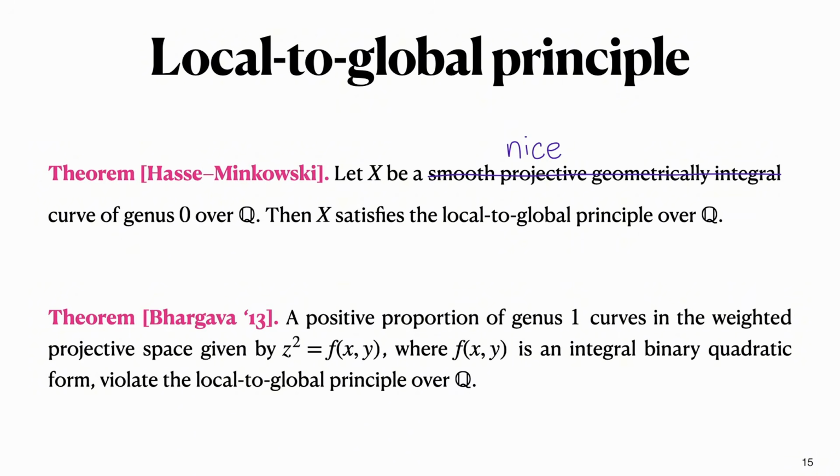It turns out that if you consider curves that look like z squared equals f of x, y, then a positive proportion of those curves that have genus 1 do not satisfy the local to global principle. And this is a theorem from Bhargava in 2013. So you can think of many, many genus 1 curves don't satisfy the local to global principle. So you have this dichotomy of genus 0, and then genus 1, it breaks, and from then on, it keeps breaking. Okay. So the genus 0 curves are very special in our case.